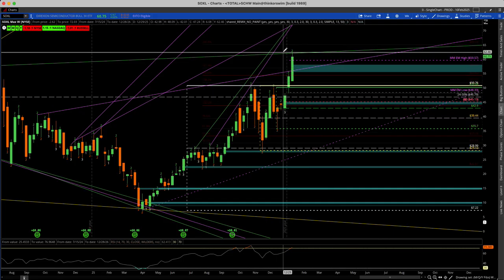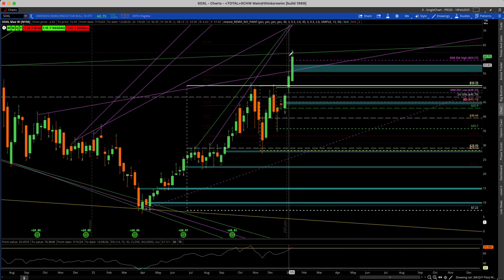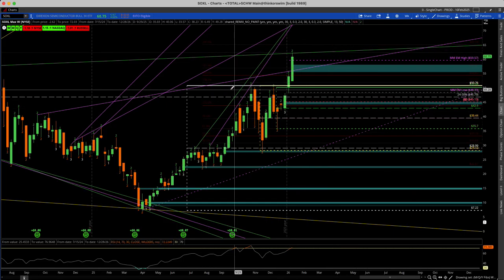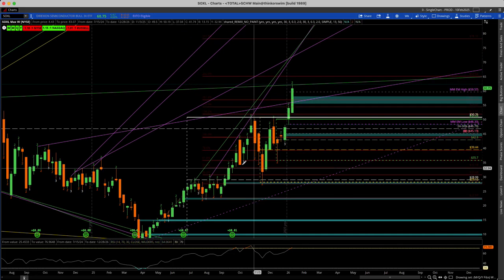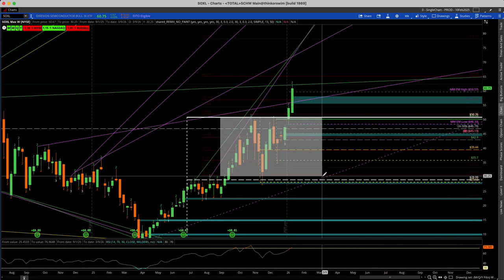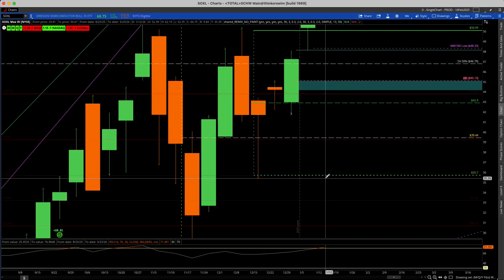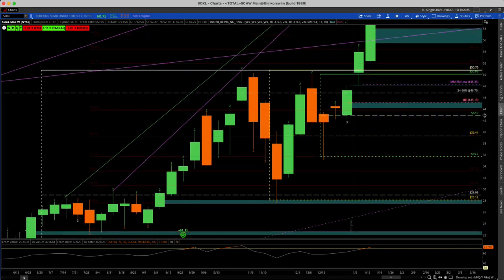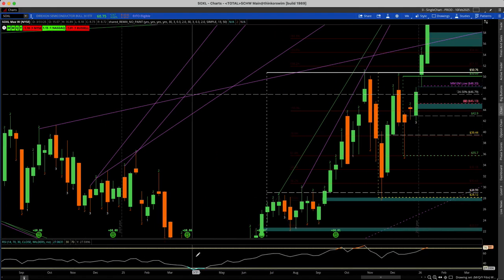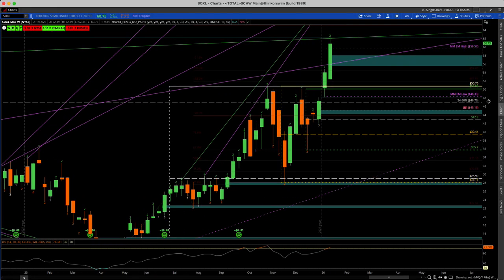So definitely could continue to push up as an expansion of the range, right? Here is, let's make it easy to visualize. Here is the range we were in. Oh no, what happened? Come on. There we go.